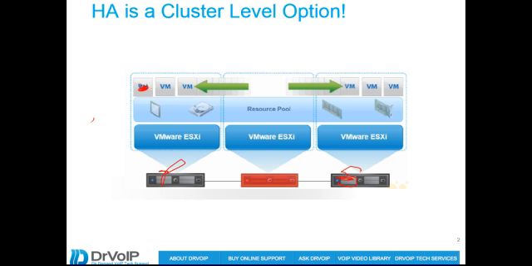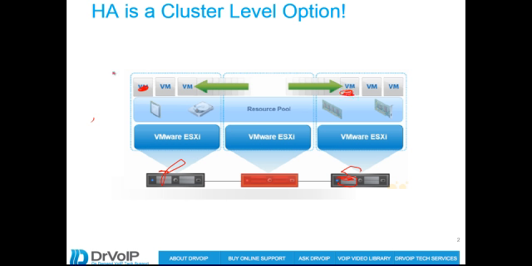But should this ShoreTel instance fail, what will happen is a new instance will spin up over here on the secondary host. It'll just launch another copy of that VMware machine right here.